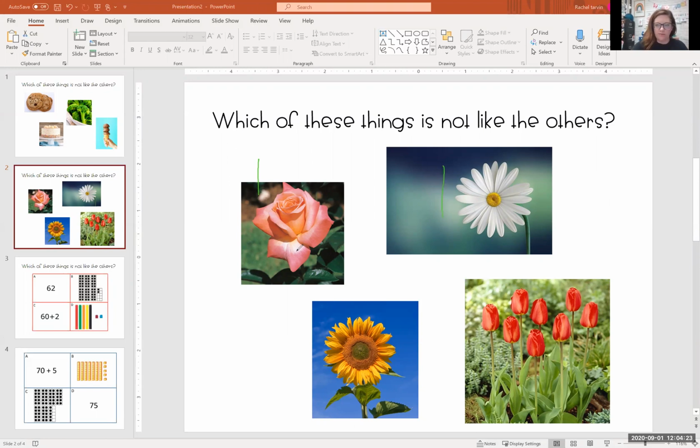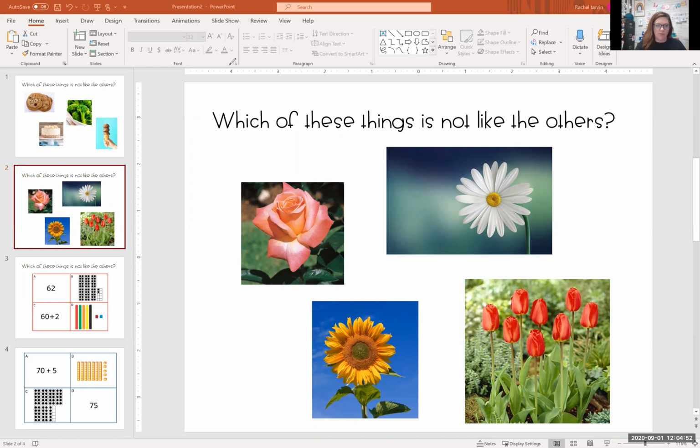I've got one flower in that picture, and I've got one flower in this picture. But this picture right here, I've got 1, 2, 3, 4, 5, 6, 7, 8 flowers. Oh my goodness. This one is not like the others because that one has 8 and they don't have the same value. There's only one in each of these other pictures, so they're not alike. I have found the one that is different and I'm going to eliminate it.